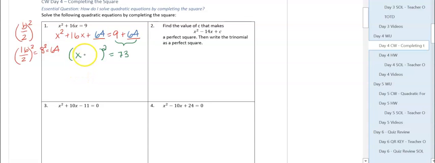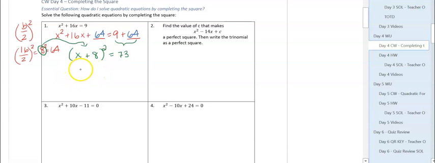And then what goes right here is whatever b divided by 2 was, and in this case that's just 8, because b divided by 2 is just 16 divided by 2. So really what I'm saying is whatever number I solve and get x to be equal to, that squared is going to end up equaling 73.